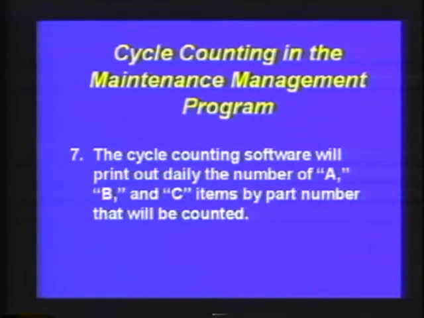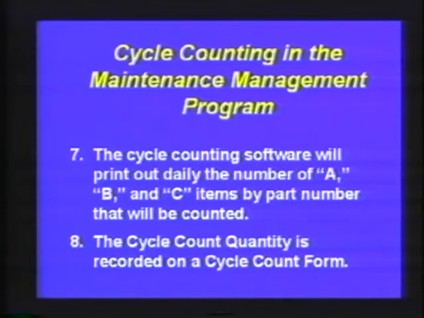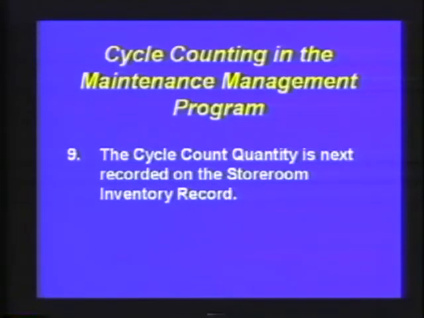Then the cycle counting software will provide a daily printout indicating how many A, B, and C items will be counted each day. On page 17B, we're going to continue the cycle counting outline, and here we're indicating that the cycle counting form is found on page 17F, and when I get to that document, I'll go through the data.